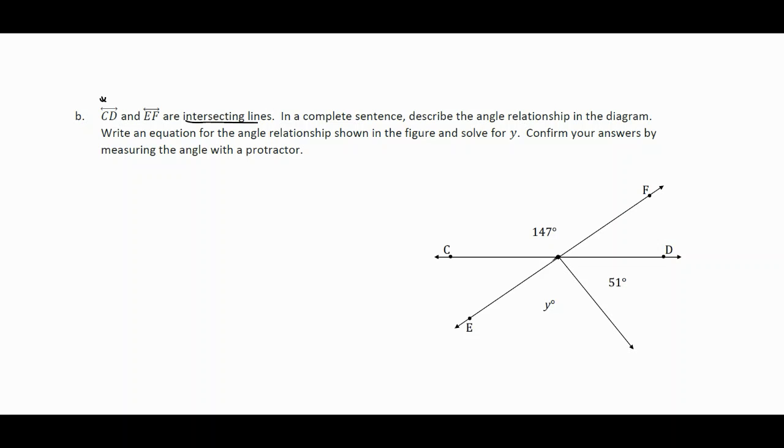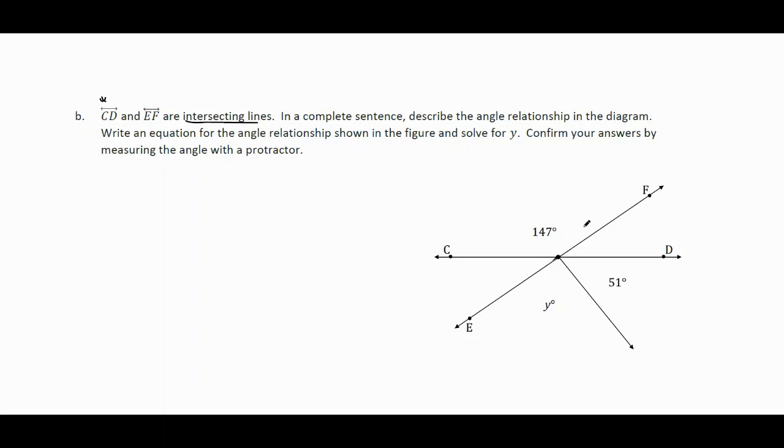Since I cannot download an on-screen protractor, even though I wanted to, it's pretty difficult, there are two ways that we can do this. Since it is an intersecting line, there are two things that we can remember.